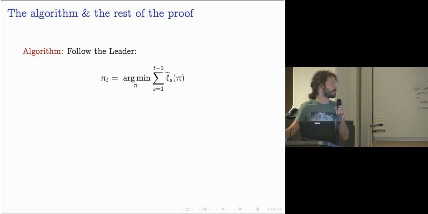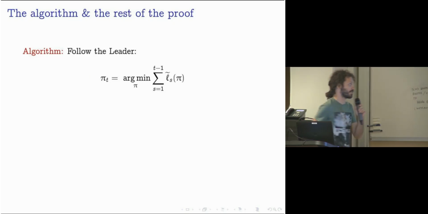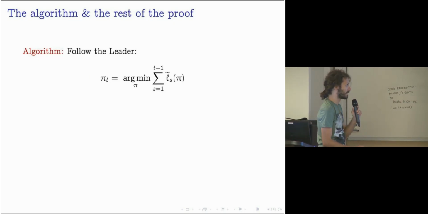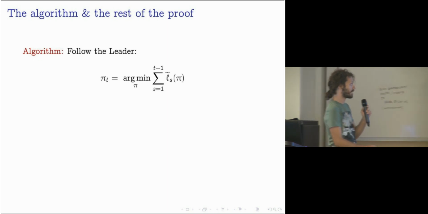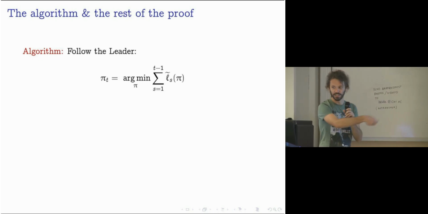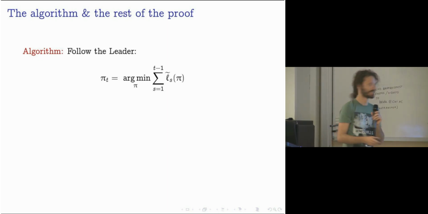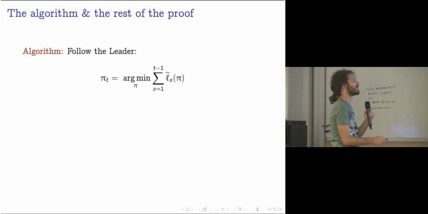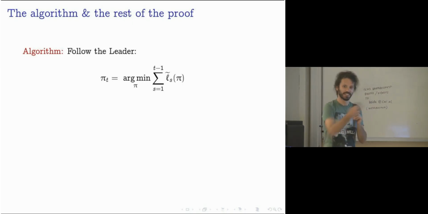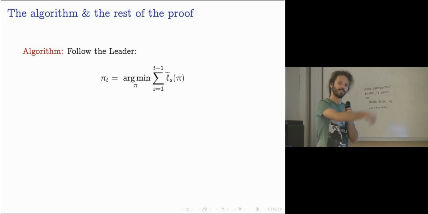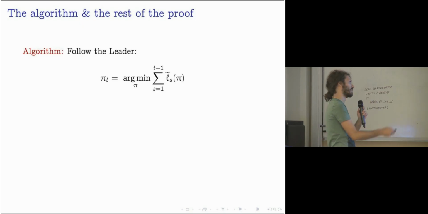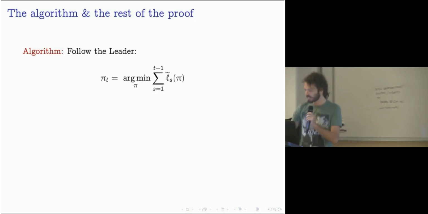From this point on, the recipe is sort of standard. You can just play the follow the leader algorithm. You look at the sequence of losses in this idealized problem, and then you pick the optimal policy with respect to this. And as I established in the beginning, thanks to the linearly solvable property, this can be done by solving an eigenvalue problem.